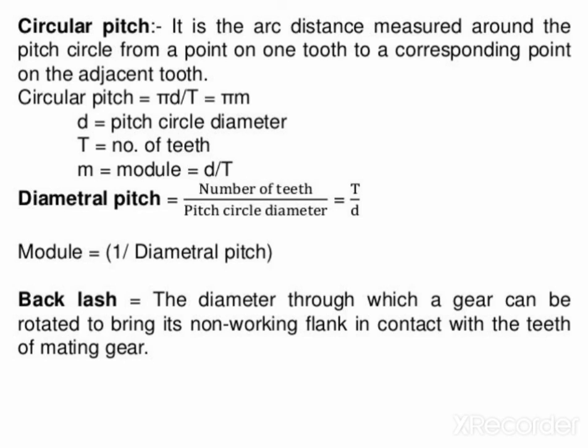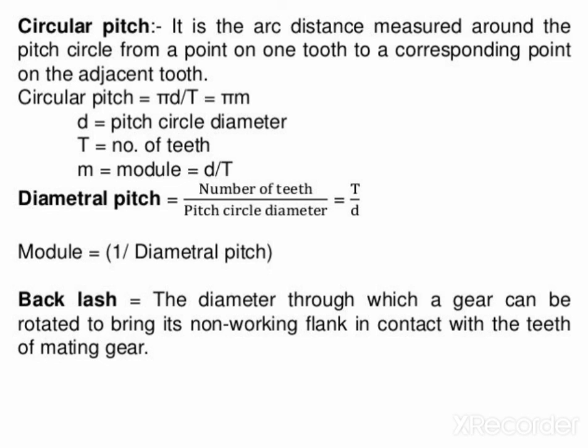This can prevent binding and compensates for the effects of thermal expansion, machining or installation variation, etc. Backlash is the distance through which a gear can be rotated to bring its non-working flank in contact with the teeth of the mating gear. Is it clear?